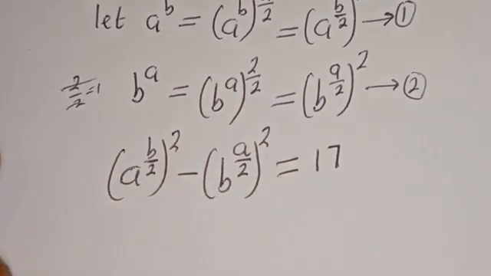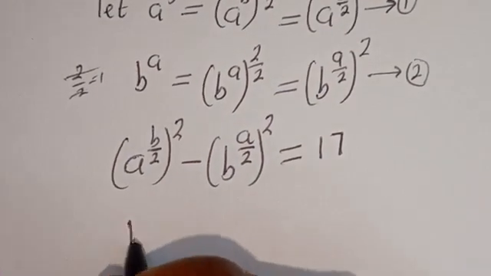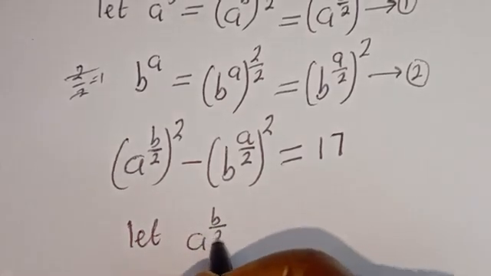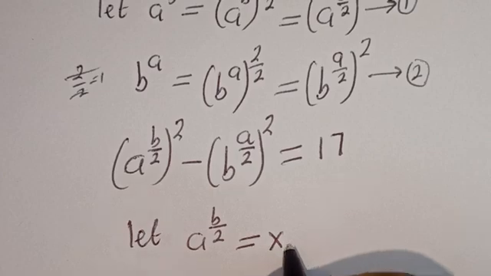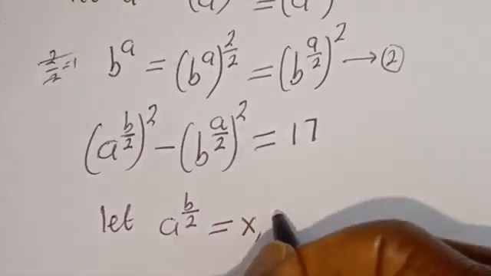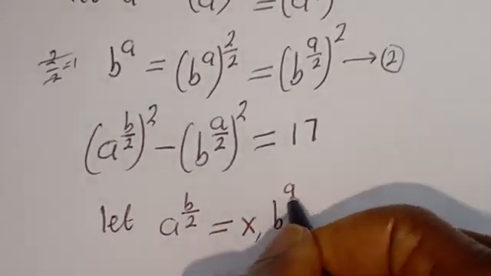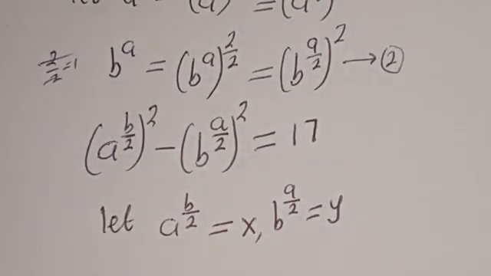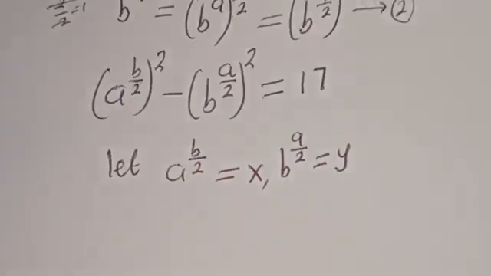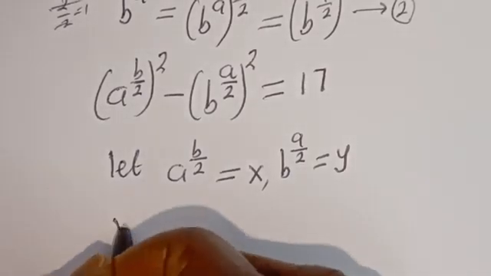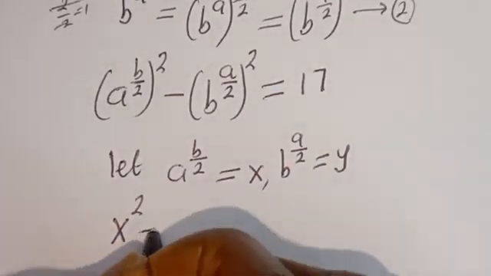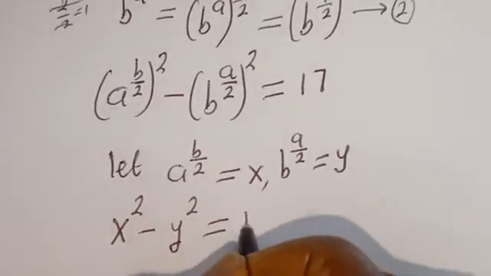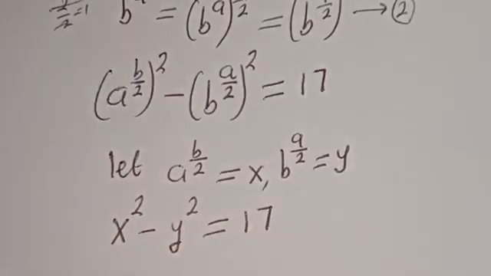Then from here, let a to the power of b divided by 2 be equal to x, and b to the power of a divided by 2 equal to y. Then we have x squared minus y squared is equal to 17.